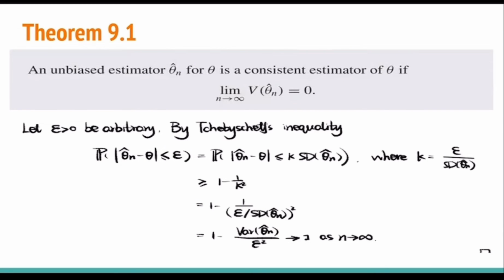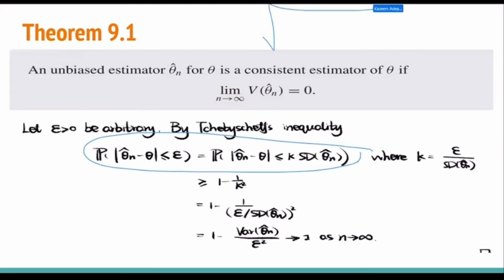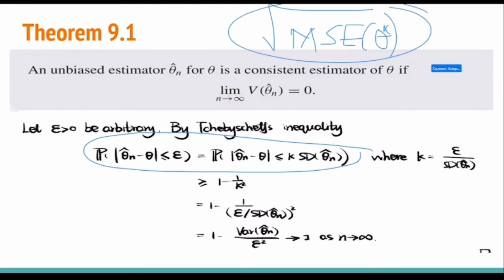Right now, I'm assuming that I'm focusing on an unbiased estimator, which is why we have the standard deviation, the square root of the variance of the estimator. If the focus is on the mean square error, the standard deviation of the estimator is replaced by the square root of the mean square error of the estimator. I need you to take notes of that.